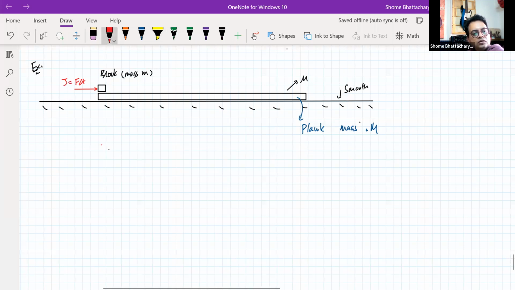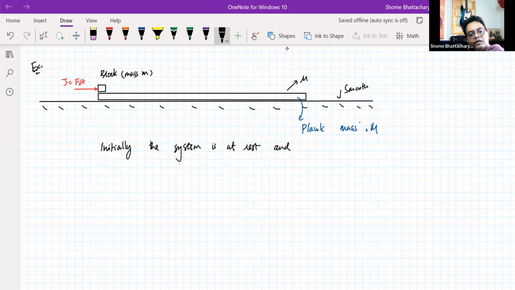So initially the system is at rest and at t equal to 0, a sharp impulse. Sharp impulse basically means that a very large amount of force is acting for a very short time delta t. Okay. So something like a collision impulse.